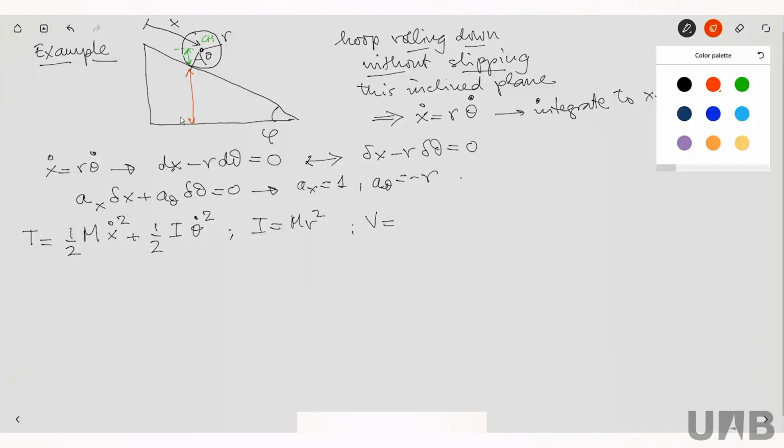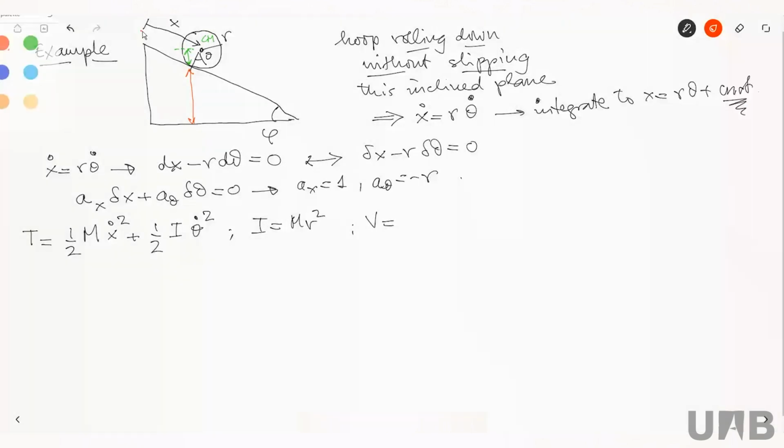Well, if we call L the whole length of the inclined plane, and this is the angle phi, so let's call this L. This quantity here, this height, is nothing but L minus x times sine of phi.